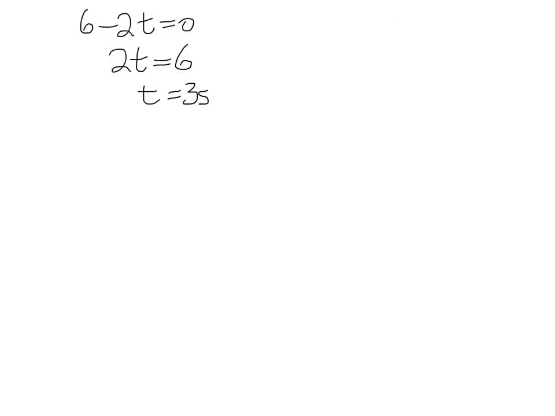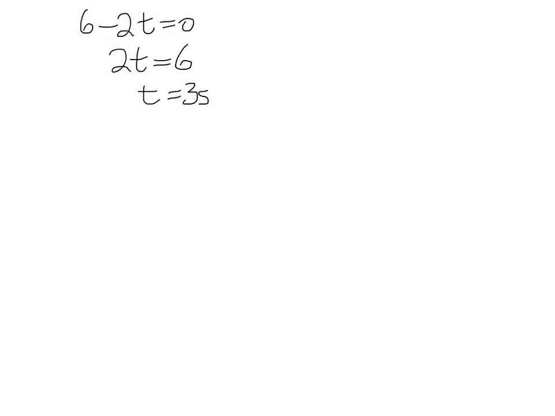Yay, new page. Okay, so our expression for our velocity is 6 minus 2t. We're making that equal to 0, trying to find when this velocity equals 0. Solving this equation, it becomes quite clear that the velocity equals 0 when t equals 3.